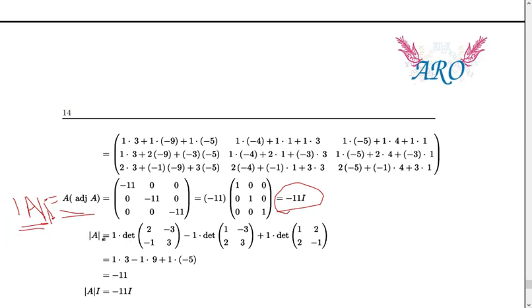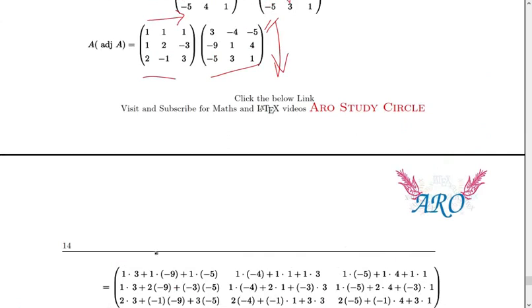Determinant of A is equal to 1 into 2 minus 3. It's the first row, first element, then the first row, second element, then the first row, third element. Determinant of this one is equal to, first consider this one and omit this row and column, then take the determinant of this one.